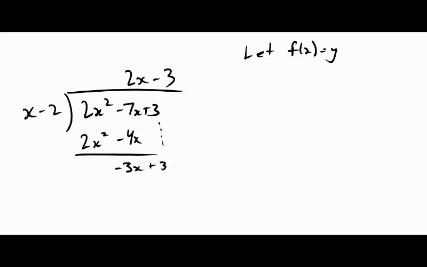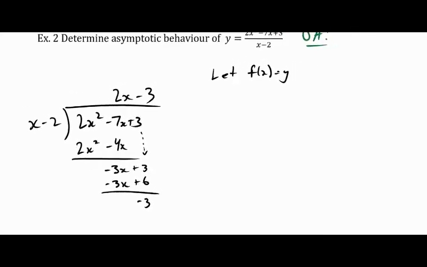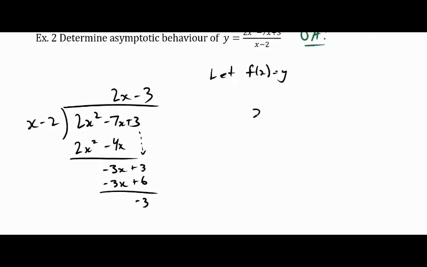This 3 comes down. Three minus 6 is negative 3. And here's the synthetic. If you do that part, 2, negative 7, and 3. So I bring the 2 down.